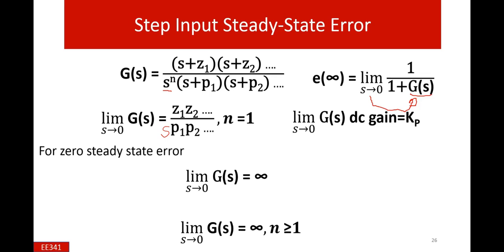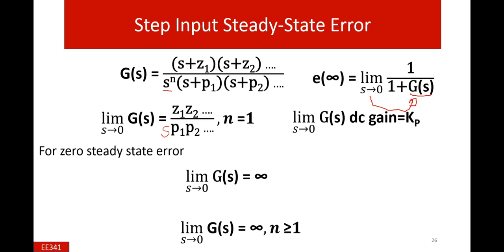As in the previous example, we see that if we increase the type of the system, the steady state error, which in the last case was 1 over 2, goes down. If we want the steady state error to be 0, then we have to increase the forward path integrators. It means we increase the type of the system.